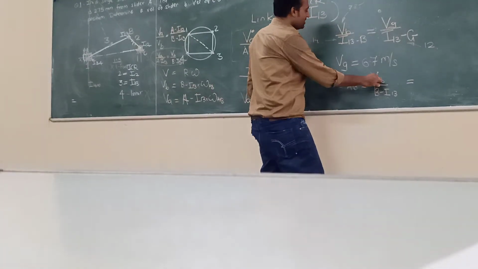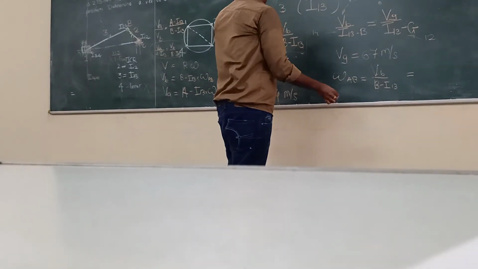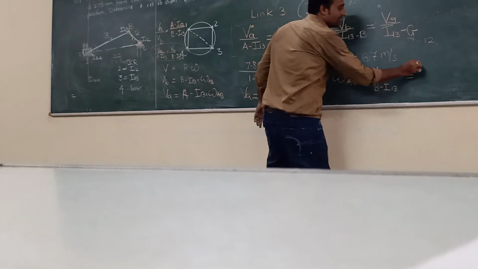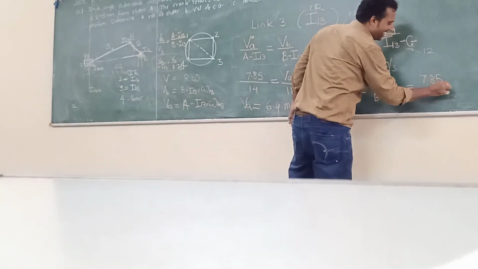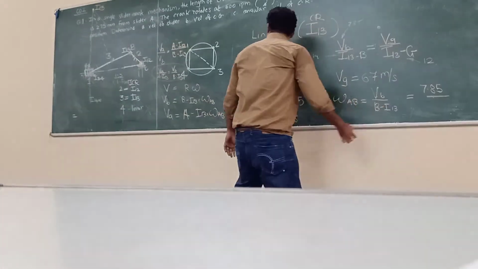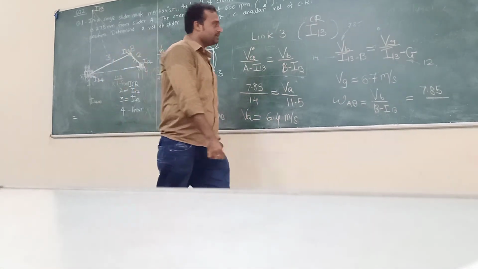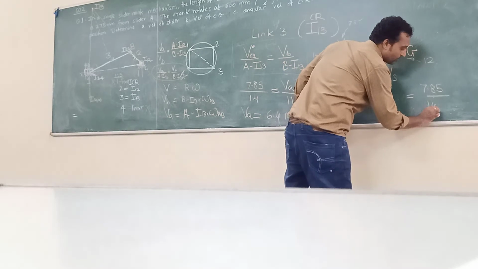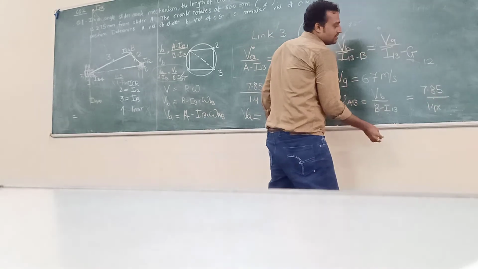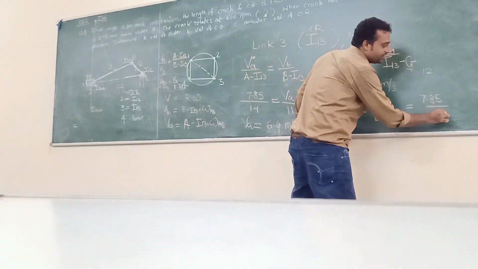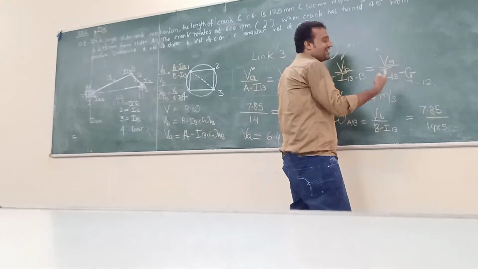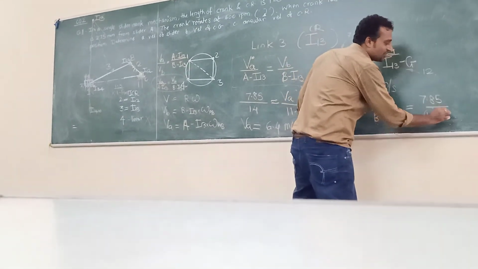So VB by our calculation is 7.85 and this distance we got is 14. What was the scale that we have used? 1:5, that means we have reduced it by 5, so we have to enlarge it by 5 to get the actual length.